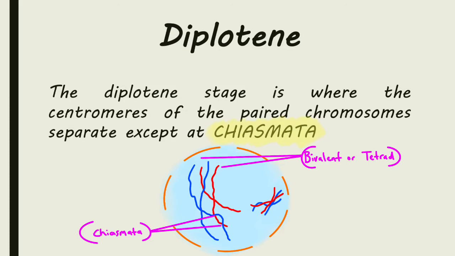Diplotene is the 4th substage, and this is where the centromeres of the paired chromosomes separate except at the chiasmata. Each location where 2 chromosomes cross is called a chiasma, and multiple of these are known as chiasmata.